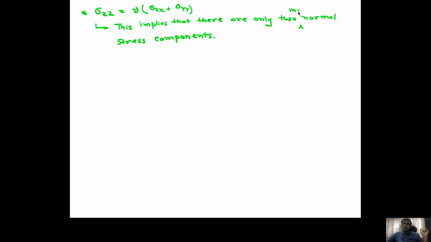The third one is there, but that is not independent. So there are only two independent normal stress components. That is something we should remember.